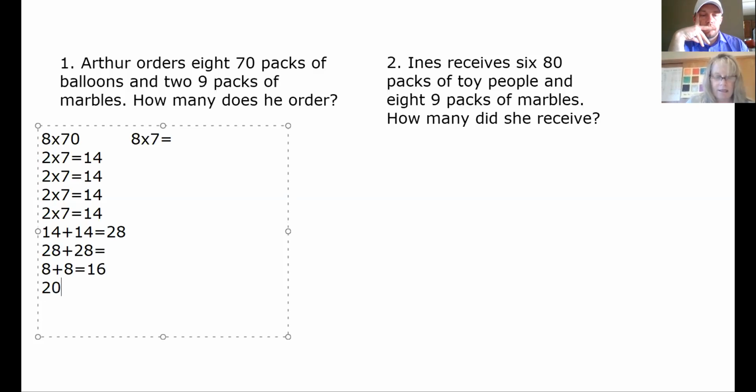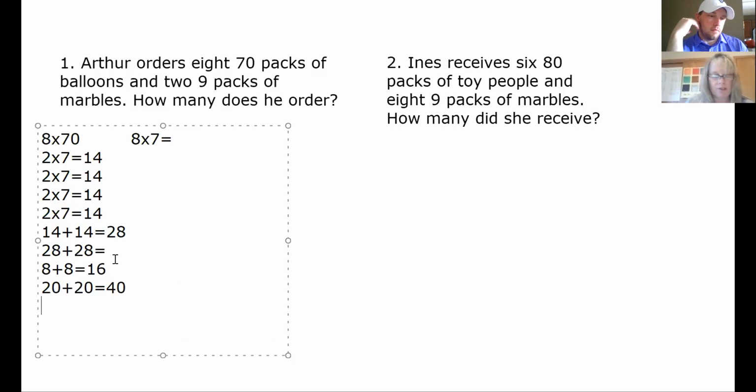And 20 plus 20 equaled 40. Well, when I add those together, 10 plus 40 is 50, plus 6 equals 56. So it kind of helped my son really break it down.